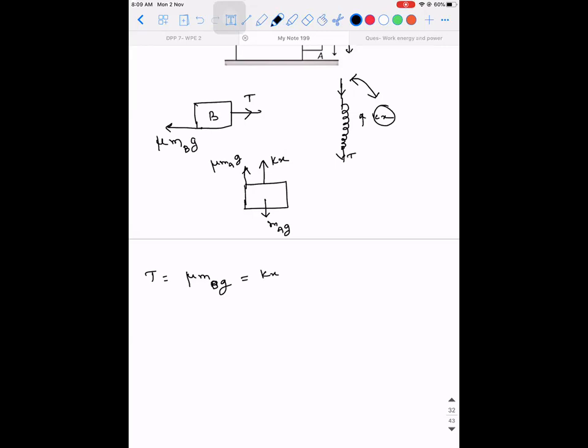I told you. This is for equilibrium of which block? B. What about equilibrium of A? Kx plus mu mA into g is balanced by mA into g.